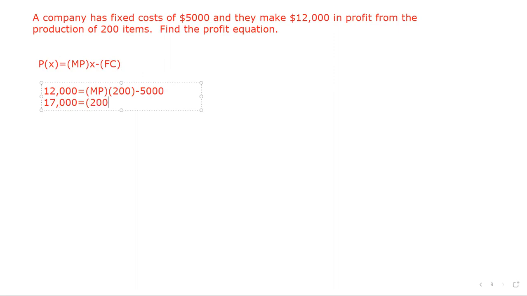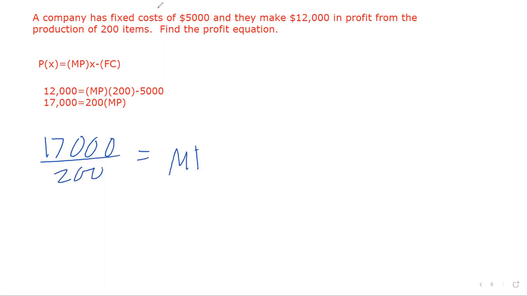And that's 200 times the marginal profit. Let's do our division. 17,000 divided by 200. That's our marginal profit. Cancel out some zeros.